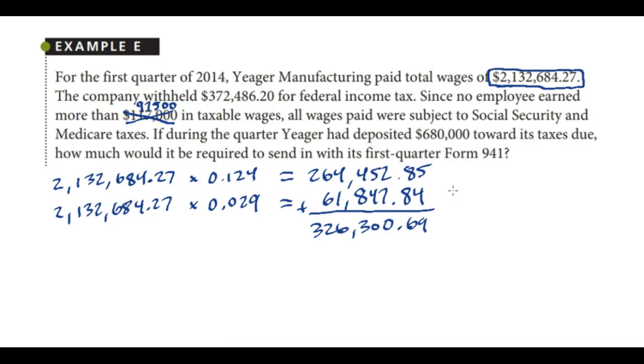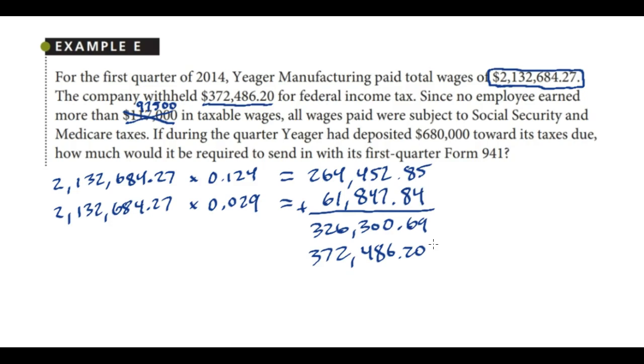So we also have the company withheld a portion, this portion right here, for federal income tax. So some of it's already been paid. Income tax withheld, we have 372,486.20. So some of it is not paid, but withheld from the employee's taxes, and has to be sent off.